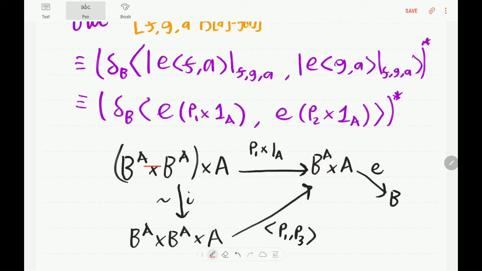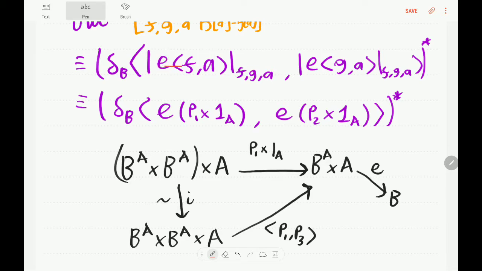So this is because of the way we're thinking of the kind of source objects that we're interpreting over. And alternatively, we could think we'd do an isomorphism and then we do P1 and P3, but this turns out to make the maths a lot easier to do it this way.